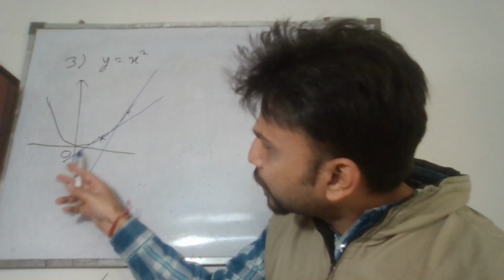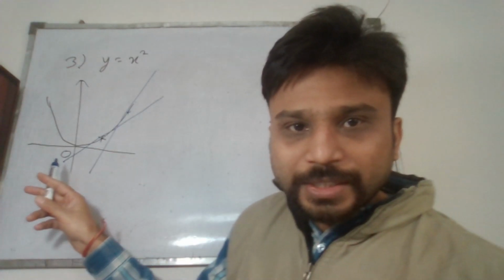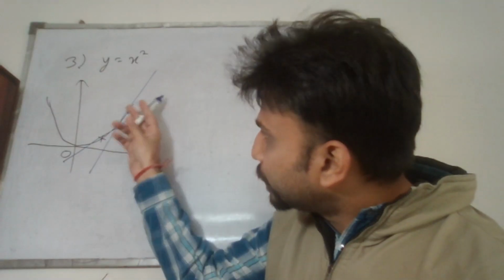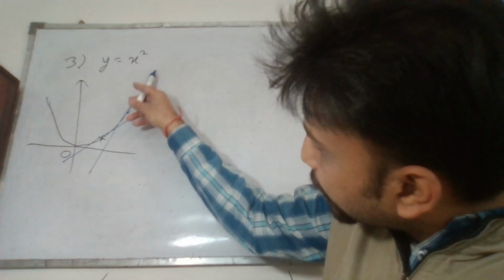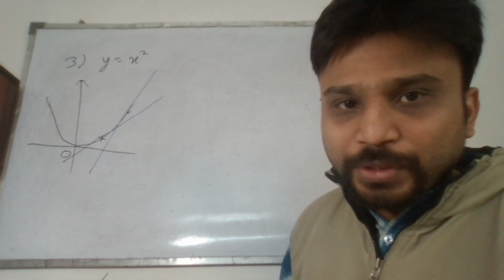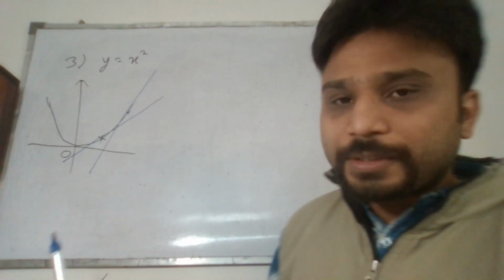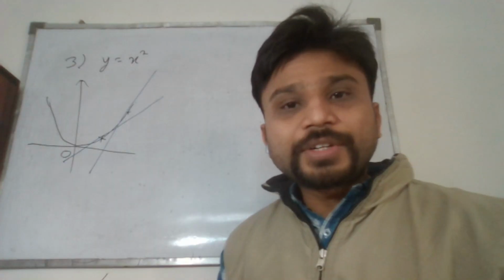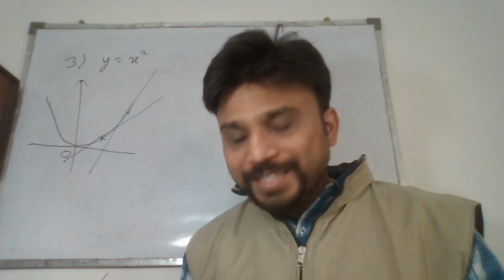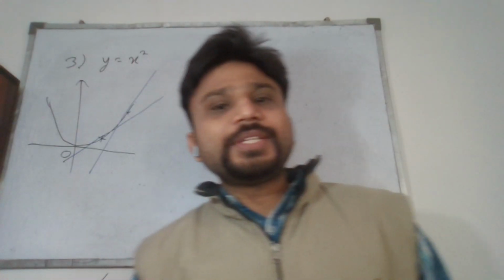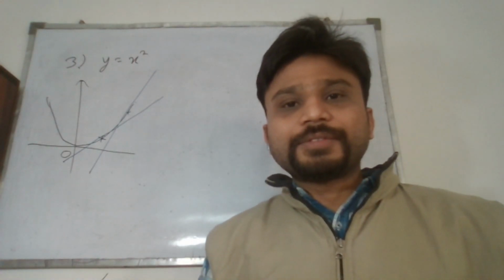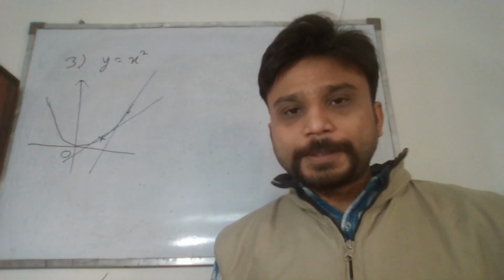At this first point, some line which is close to a tangent is drawn. This is a tangent, and this is also a tangent. These two tangents have different slopes. As they have different slopes, what does it mean? It means that they will have different values of dy by dx.